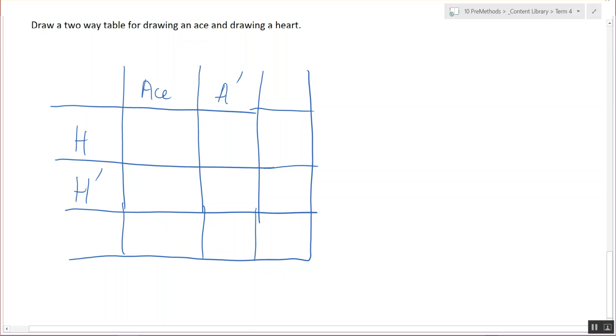So how many cards are there that are both an ace and a heart? How many cards in a deck of 52 that are both an ace and a heart? There's one. How many cards are an ace but not a heart?